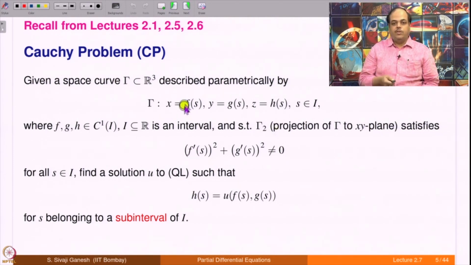Gamma 2 is actually x equal to F(s), y equal to G(s) as s varies in I. We want that F prime and G prime do not vanish at the same time at every point on gamma 2. Then we want to find a solution, that means a function defined on some domain such that u on gamma 2 takes the value h, which is a prescribed datum curve. Of course, we do not expect the solution domain to contain entire gamma 2, but a small portion of gamma 2 is also allowed.